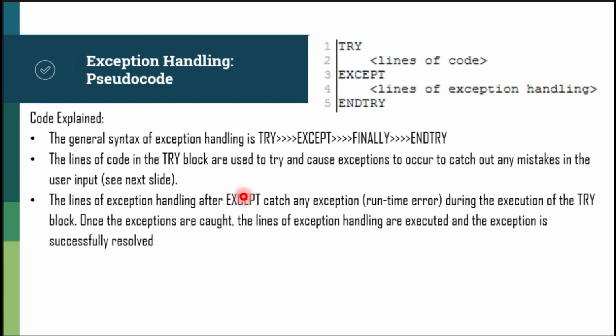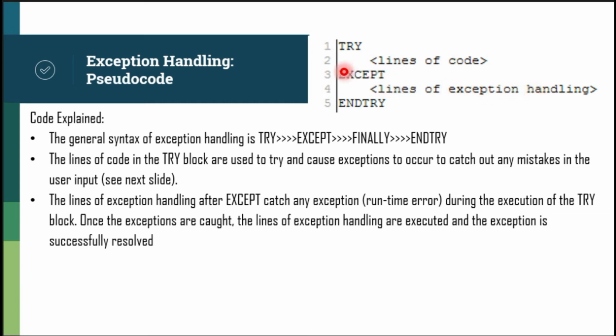Then you have the lines of exception handling after except, which is the except block, to catch any exception. An exception is a runtime error during the execution of the try block. Once the exception is caught, the lines of exception handling are executed, and the exception is successfully resolved. So if an exception occurs, this catches the exception and these lines of code are executed.